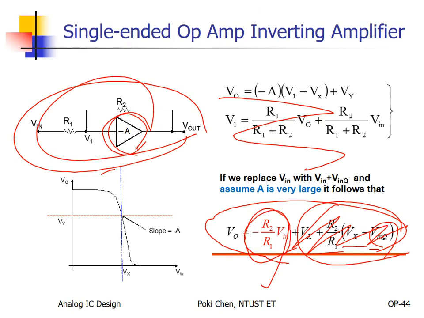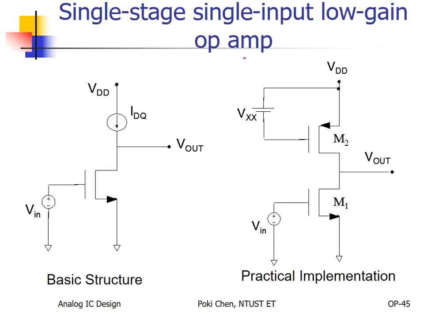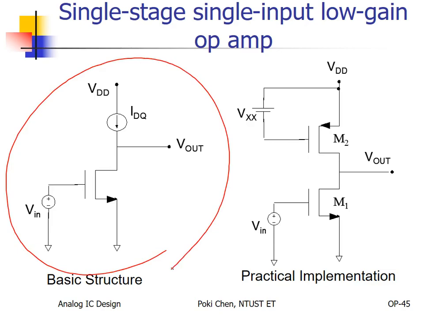But how to compose, how to construct such kind of single-ended, very simple op-amp? This is what you learned already. Common source amplifier. That's it. Right? And again, this is your input.